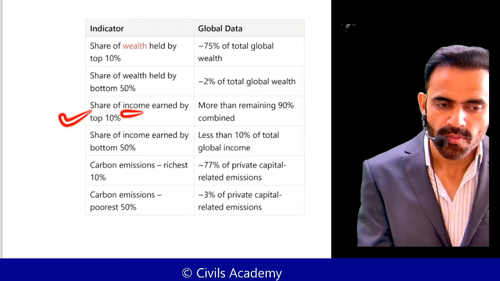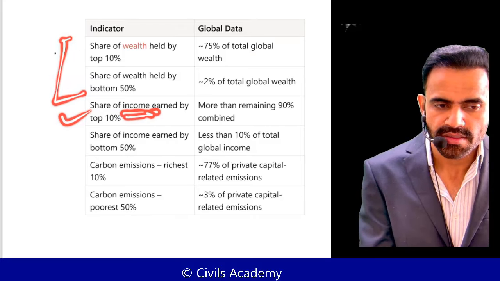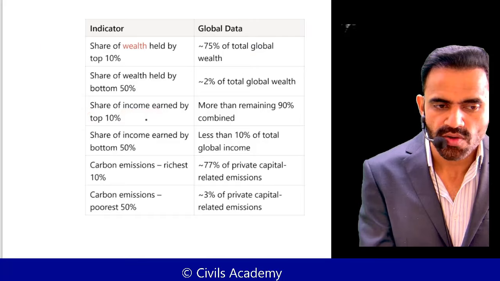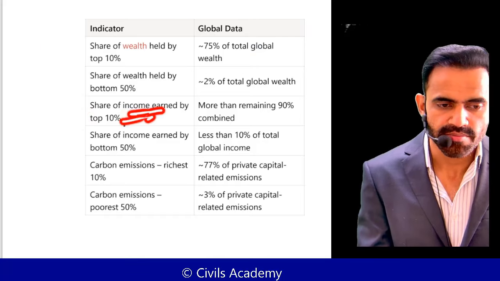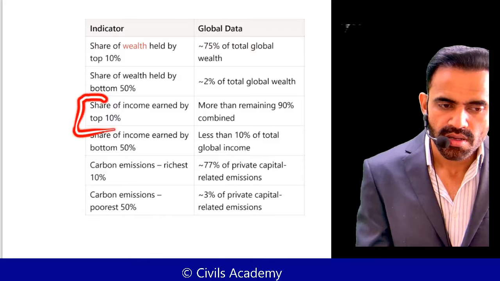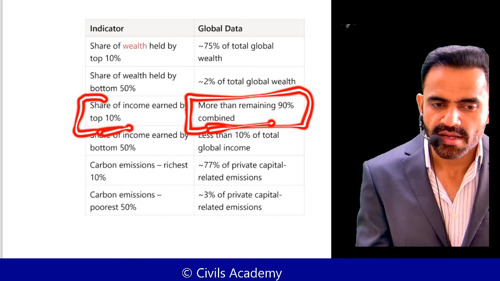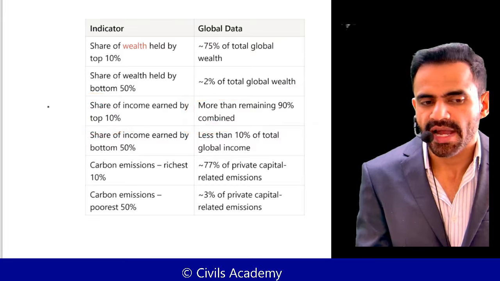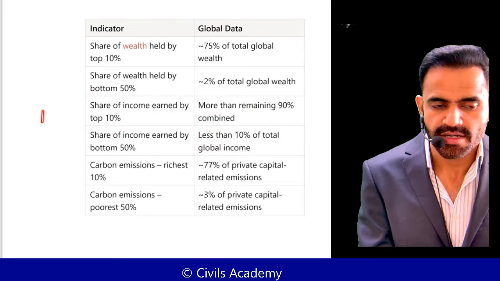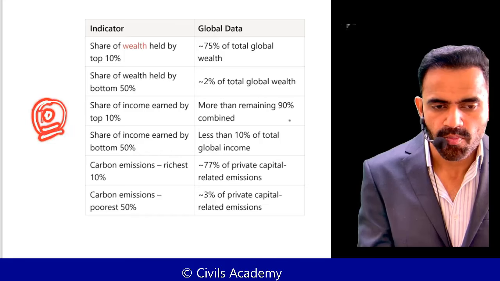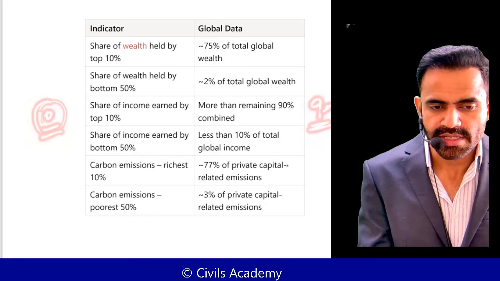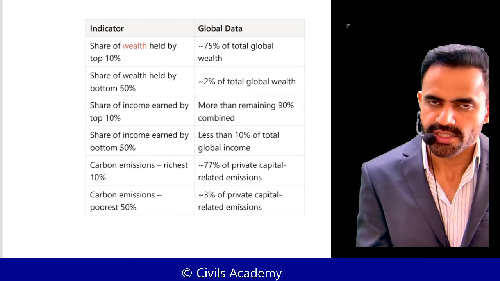Top 10%, this is about income. These two were about wealth. Wealth is overall, income is your regular money. So, the top 10% income is more than the remaining 90% combined. That simply means, let's say there are 100 people, these 10 people earn more than the remaining 90. That again shows inequality.